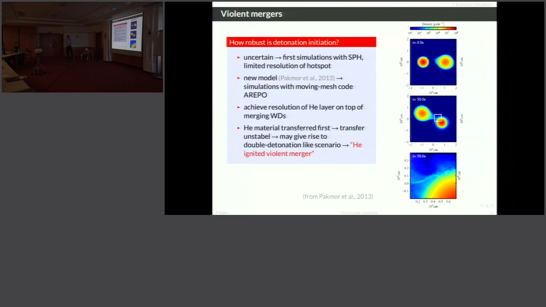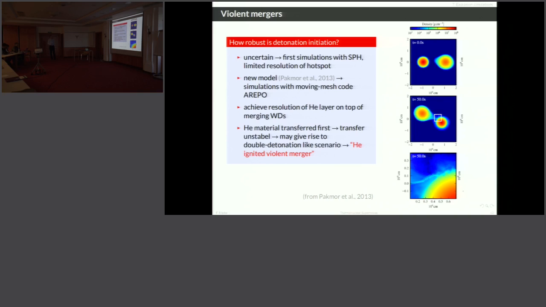But recently, Rüdiger actually performed such simulations of violent mergers of two white dwarfs with a new numerical technique. He used the cosmology code Arepo by Volker Springel to follow the in-spiral and the merger. The Arepo code is a grid code that, however, employs a moving mesh so that one can follow such Lagrangian problems very well and with very high accuracy.